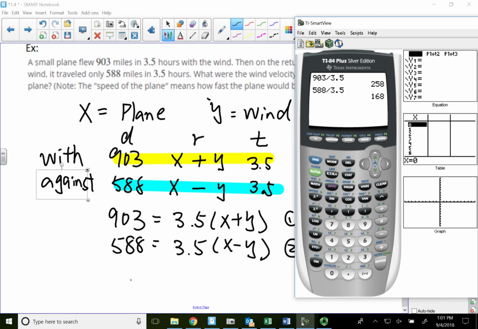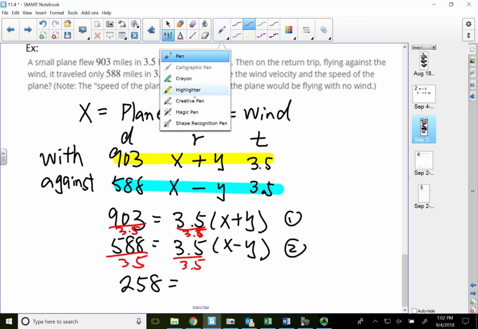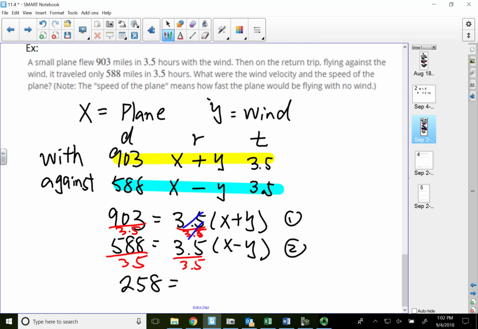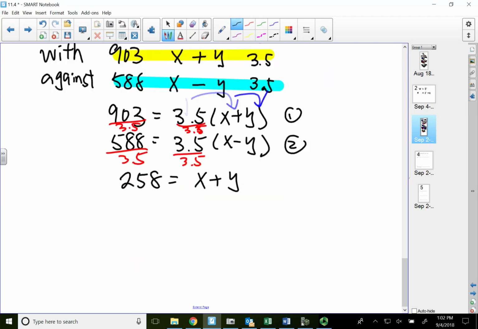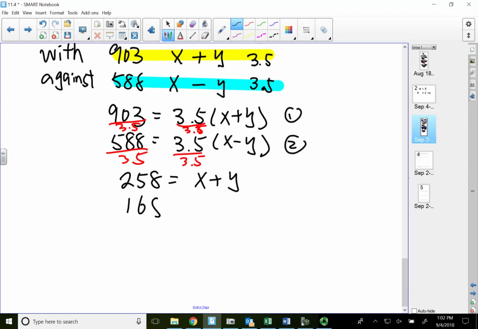So my equation is 258 equals... If I divide by 3.5 on both sides, then the right-hand side will be a 1, and that 1 does a distribution to bring out your x and the y. So that's 258 equals x plus y. And the other one is 168 equals x minus y.